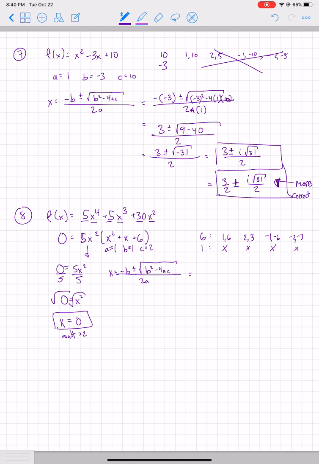So we have negative b, so -1 plus or minus the square root of b squared, so 1 squared, minus 4 times 1 times c, which was 2, all over 2 times 1. So if we start cleaning this up, 1 minus 8.